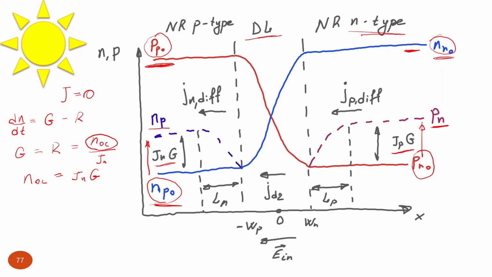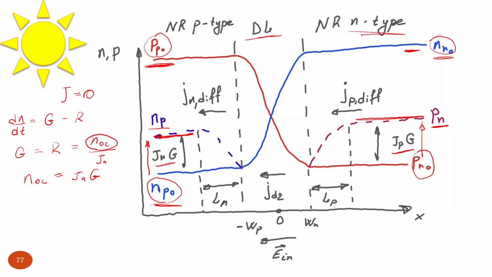However, we need to focus our attention on the profile of this minority non-equilibrium charge carrier concentration. Far in the neutral region, you see that it is flat and doesn't change. It's just equal to tau n times G. The same stands for the flat concentration profile, tau p times G, in the n-type semiconductor.